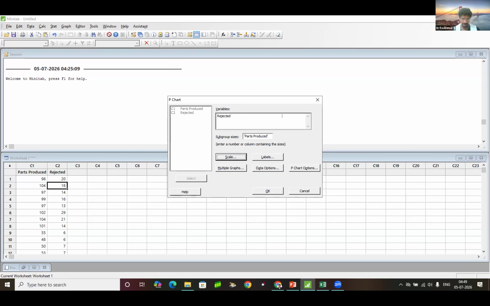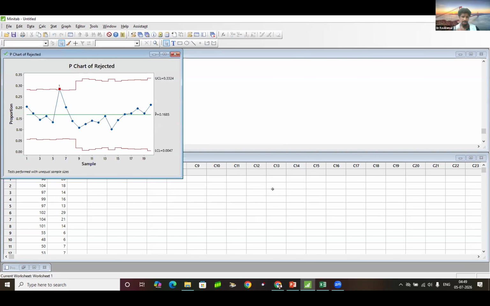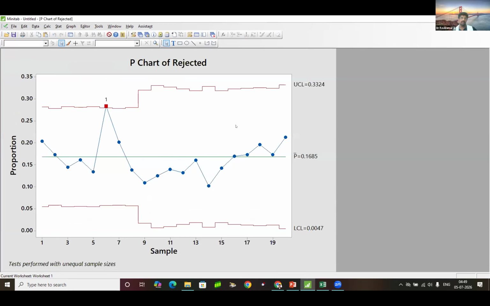Okay, now click OK. Do you get a graph like this? Yes. Anybody want me to repeat the process of the chart? No, sir, it's clear.